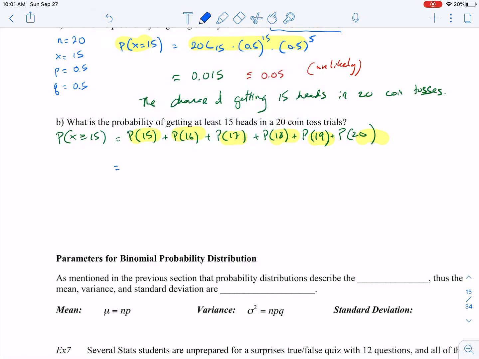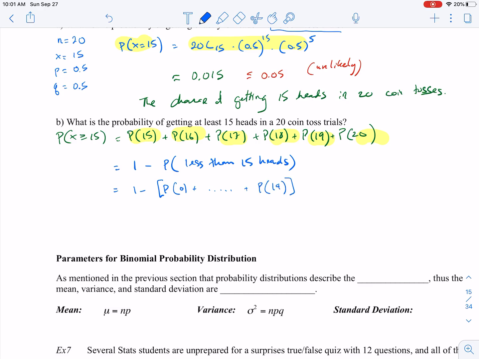We said, let's go ahead and take 1 minus the probability of getting less than 15 heads out of 20 tosses. Okay, so getting less than 15 heads out of 20 tosses, you can have up to 14 heads, right? So you can say that is 1 minus the probability of getting 0 heads up to 14 heads.